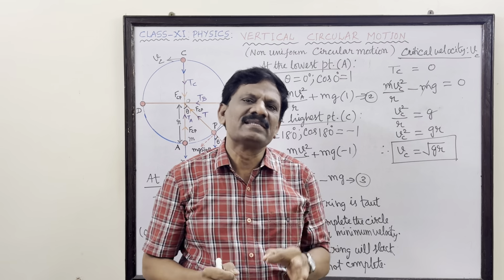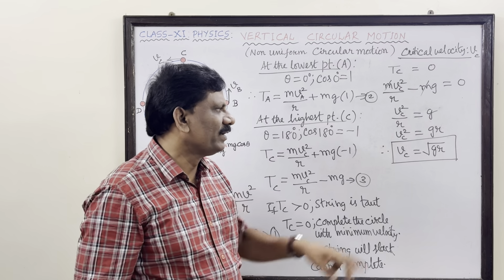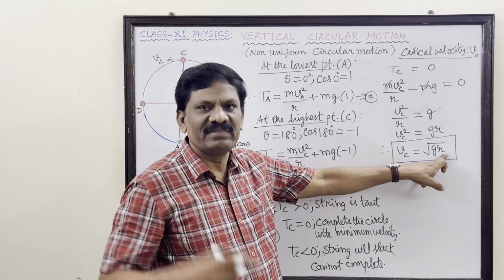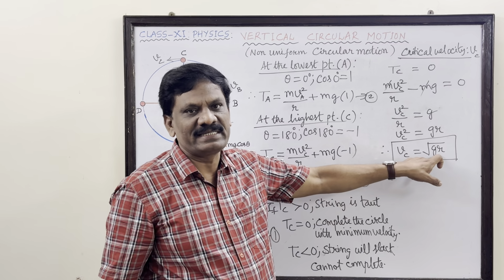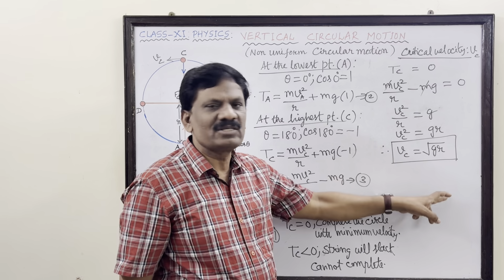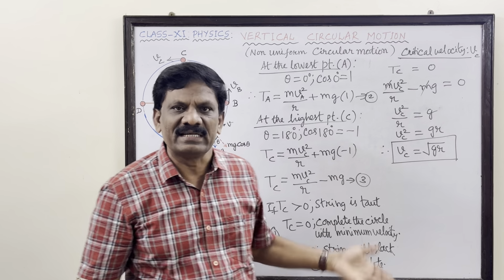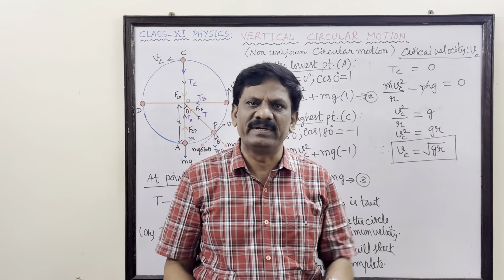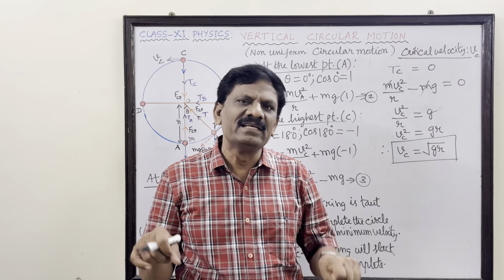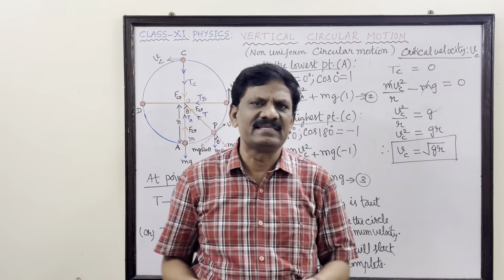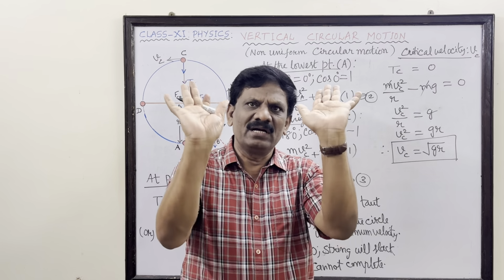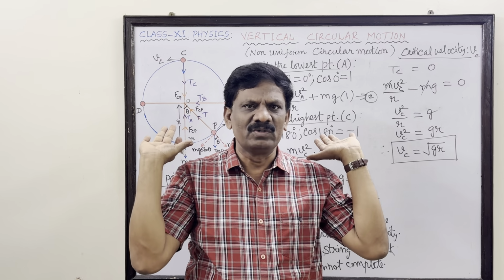For him, what is the minimum velocity required? He will calculate the radius of the cage into 9.8 meter per second square, then take the square root. At that minimum speed only he has to ride. If he increases his speed beyond this value, it is still safer and he will be pressed towards the cage in the outward direction.